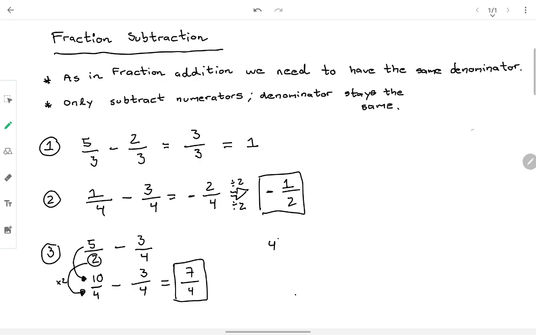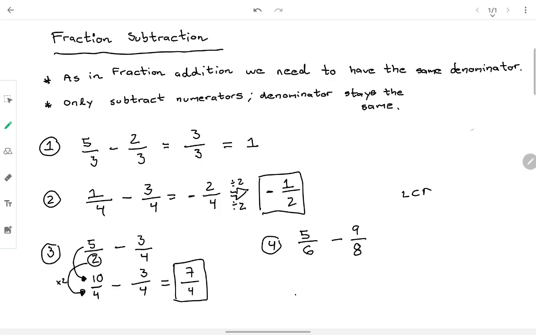Maybe we have 5/6 minus 9/8. In this case, remember, the first thing we need to do maybe is the prime factorization of the numbers to obtain the least common denominator.